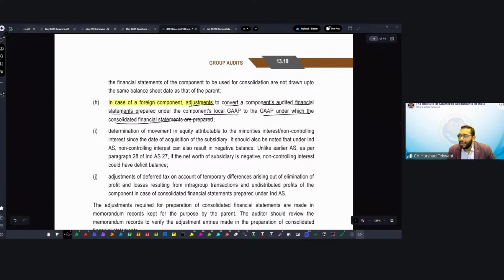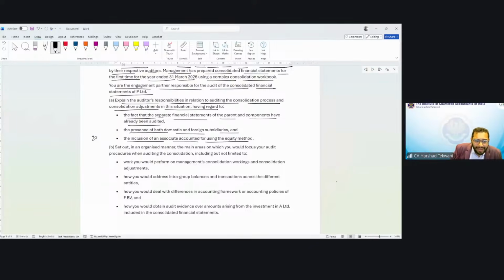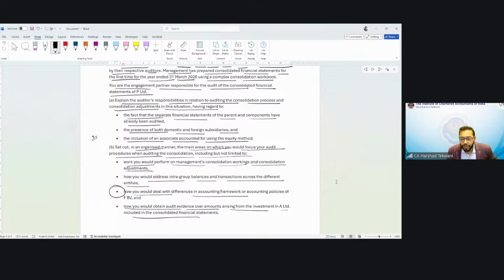Okay. Now, let's go back to the question. There is one last thing that I want to discuss, which is: set out in an organized manner the main areas on which you will focus your audit procedures when auditing the consolidation, including but not limited to work you will perform on the management's consolidated workings and consolidated adjustments, how you will address intra-group balances and transactions across entities, how you would deal with differences in accounting framework that we have already seen, and how you would obtain audit evidence over amounts arising from investment in A Limited included in the consolidated financial statement.